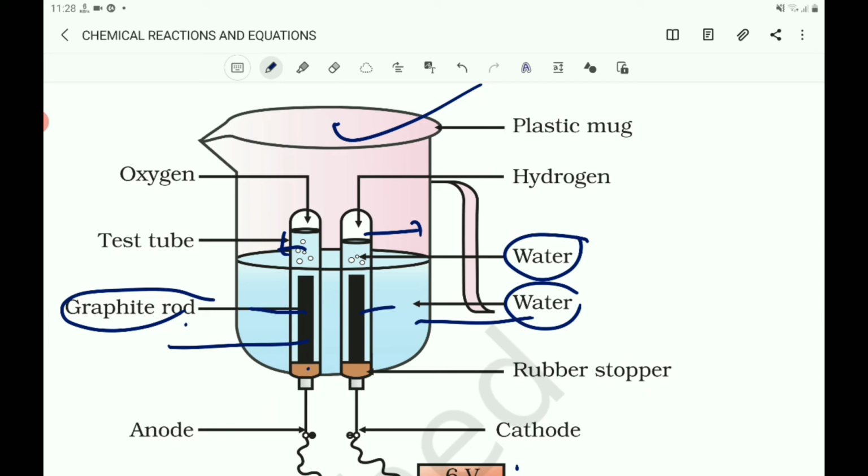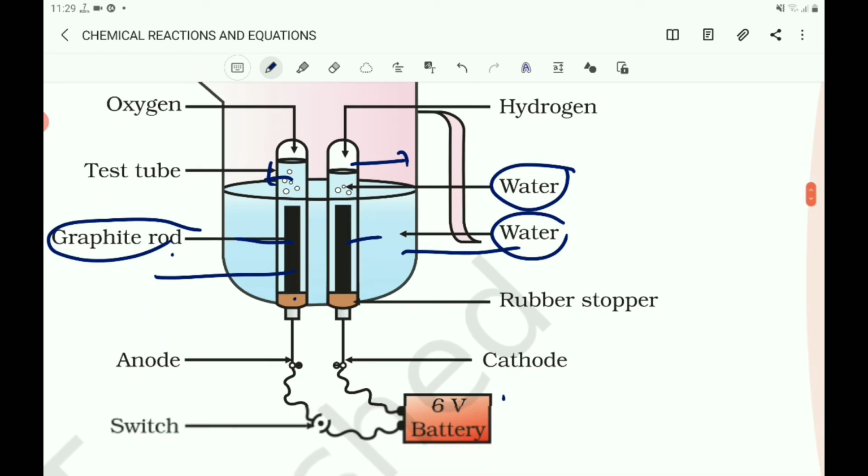Switch on the current and leave the apparatus undisturbed for some time. And what you will observe here is the formation of bubbles at both the electrodes.